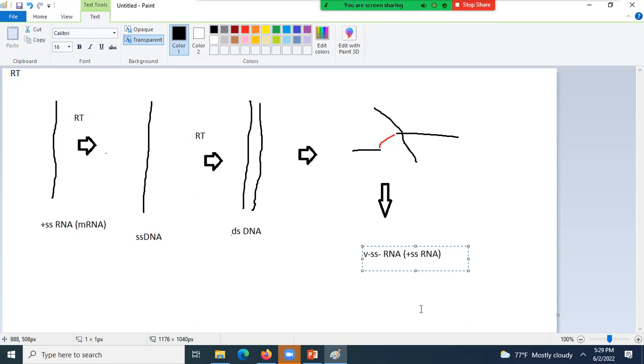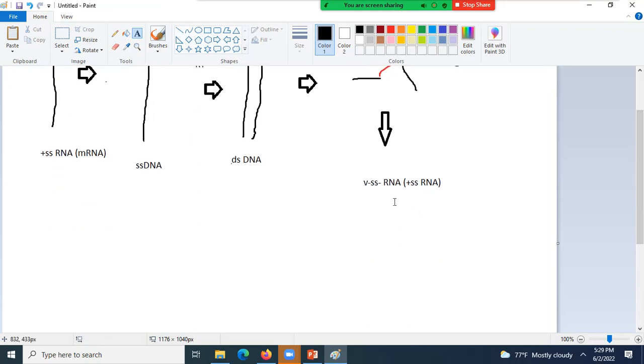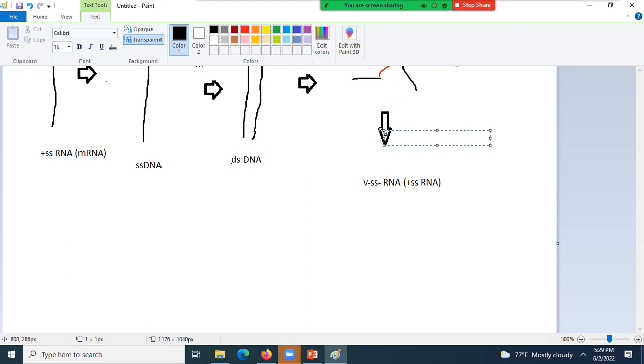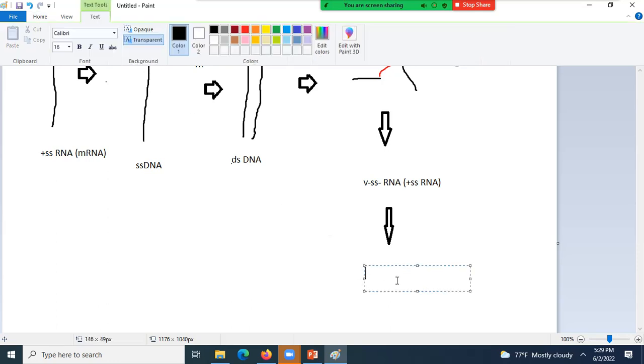And then that viral genome can be used to translate viral proteins. And this happens in the cytoplasm.